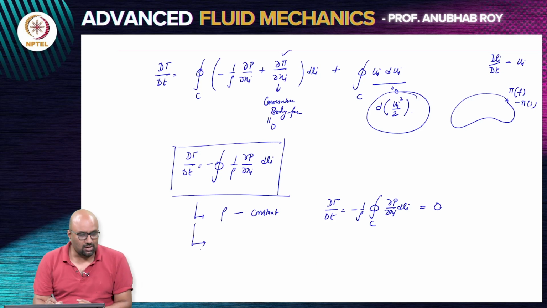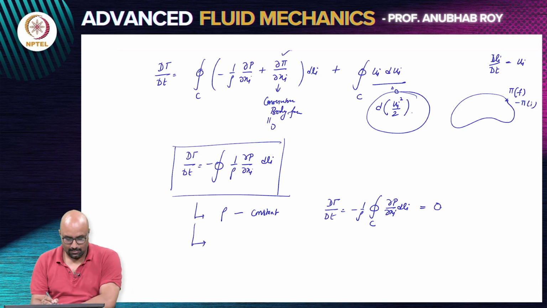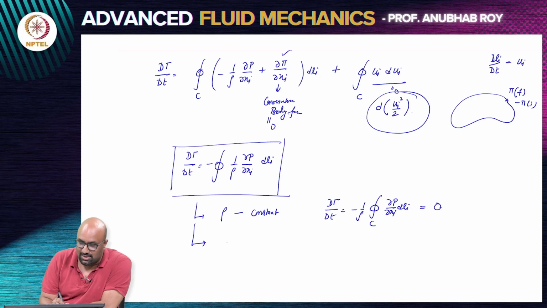What if rho was not a constant? If rho is not a constant, we will assume a form, P equal to f of rho, because if rho is not a constant, then we can't proceed any further. We have to assume some kind of dependence or relation or evolution for rho.